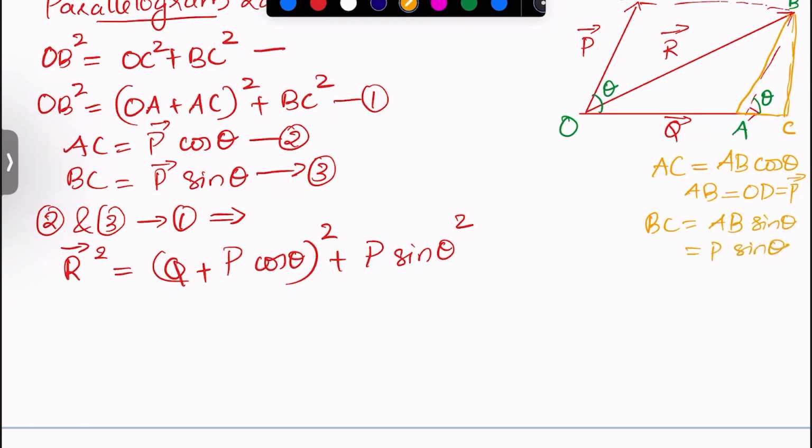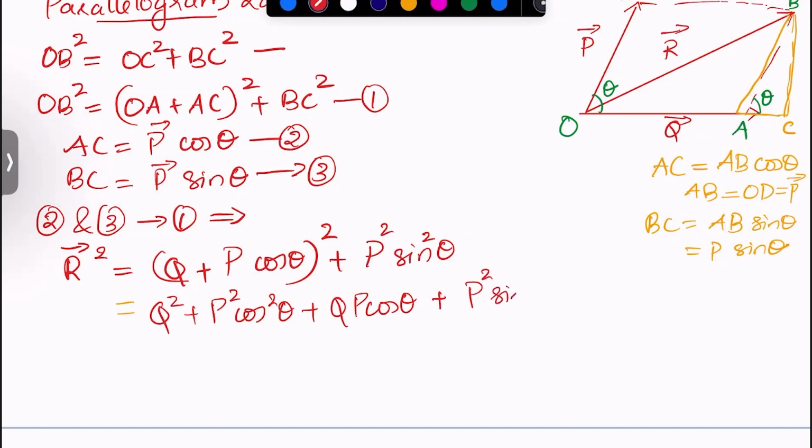Okay, now we will be just expanding this whole thing. So Q square plus P square cos square theta plus QP cos theta plus P square sin square theta.